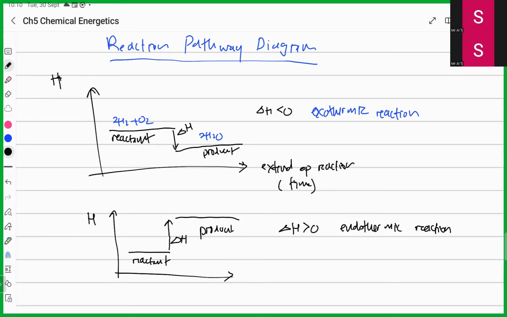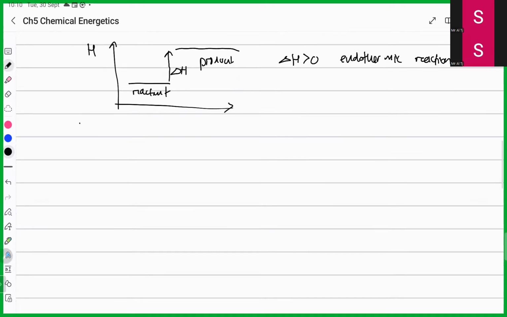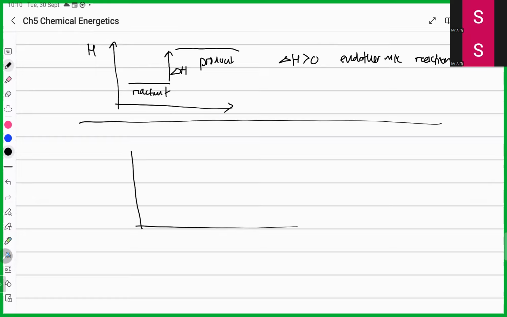Now, another type of reaction pathway diagram is a little bit more complicated. In this case, we're going to have 3 levels. First, we're going to have the reactant. But then we're going to have the transition condition. The transition is always going up.